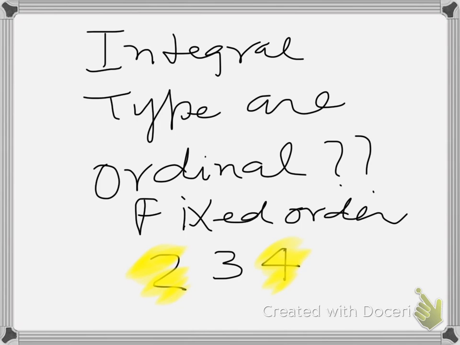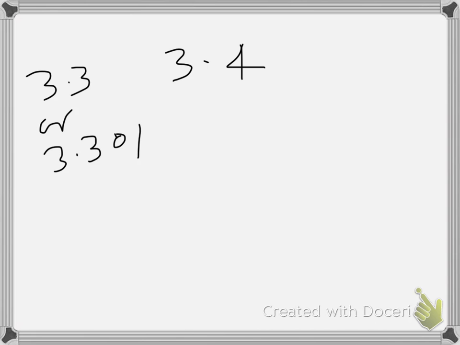That is fixed. You do not have that luxury with floating point numbers. For example, if you have a number 3.4, we can never be sure that the predecessor to that is 3.3 or 3.301, and the successor to that could be 3.41, 3.405, anything.